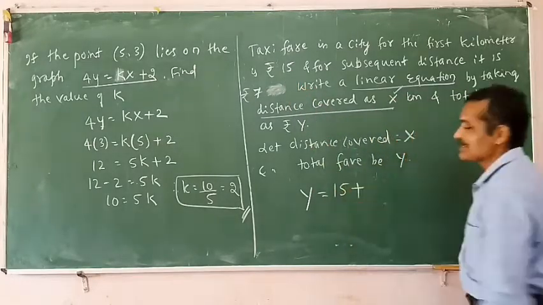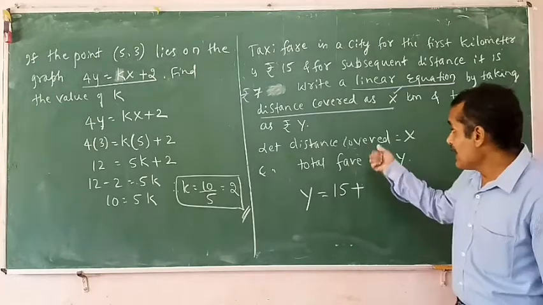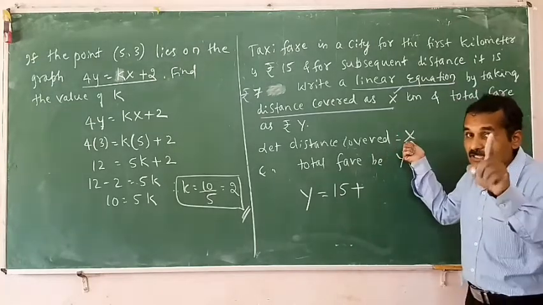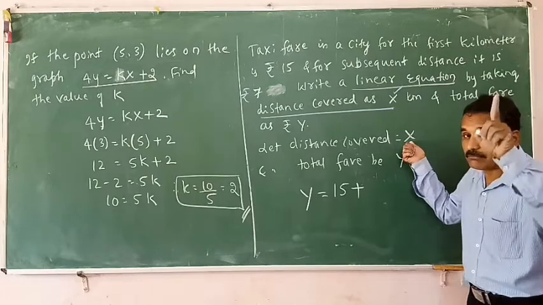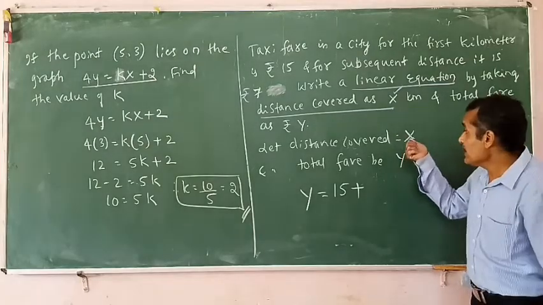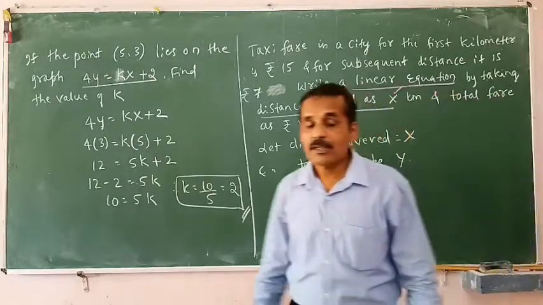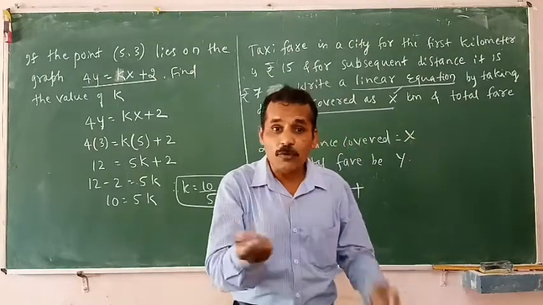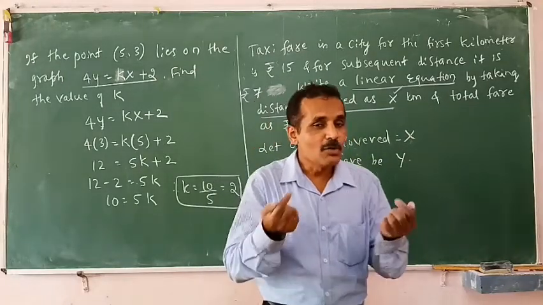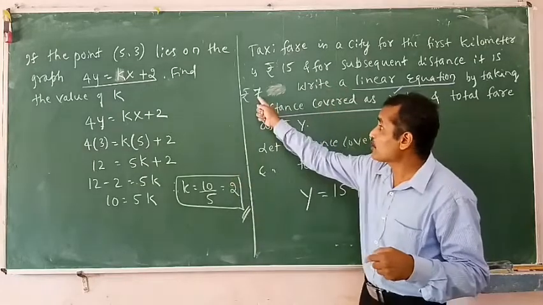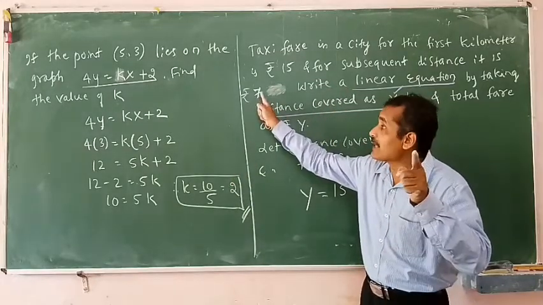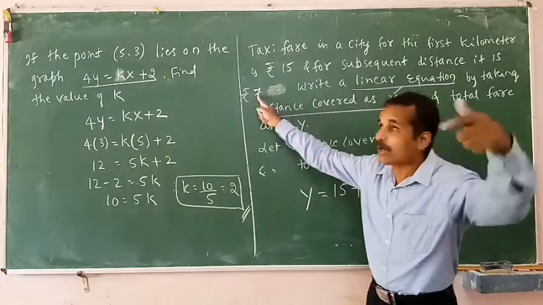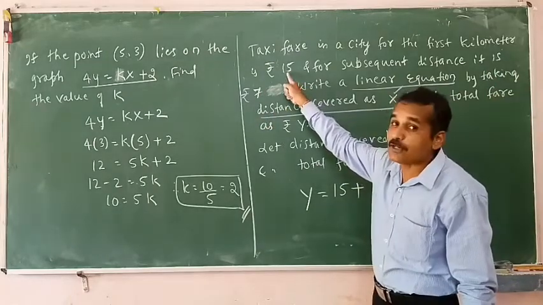Plus, listen now, he has gone for x kilometers. My dear children, this is a very, very important one. Make a note, listen very carefully. Had he gone for 10 kilometers, how much would we calculate at 7 rupees? 9 kilometers at the rate of 7 rupees, because the first kilometer is already covered by the 15 rupees.